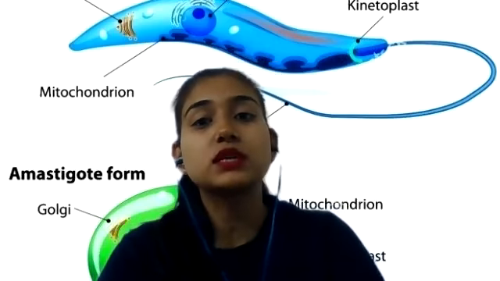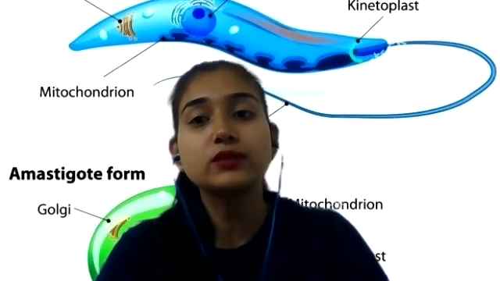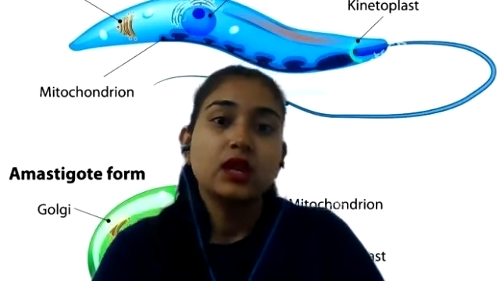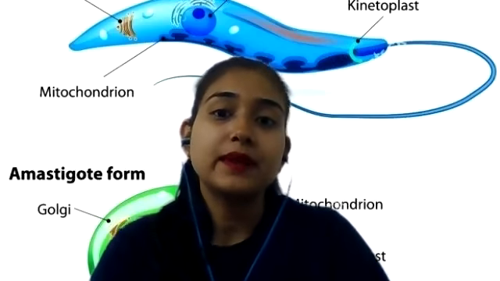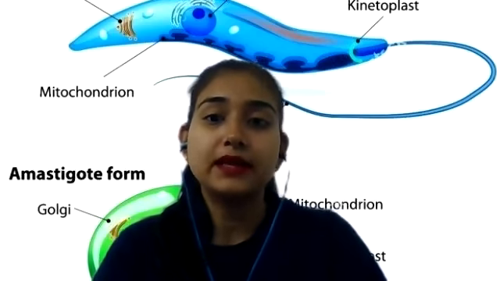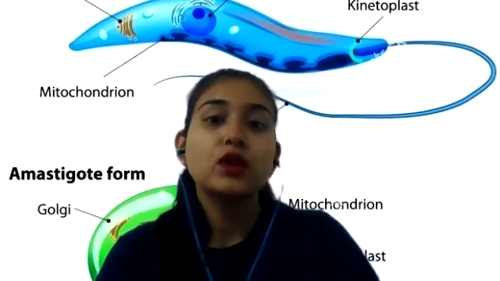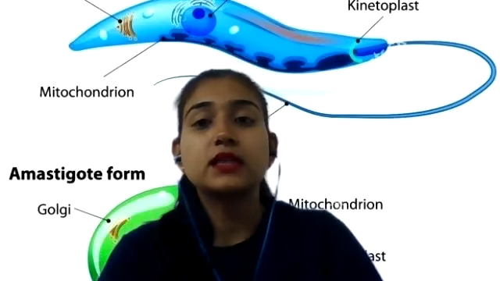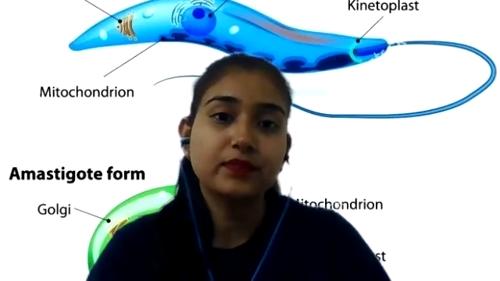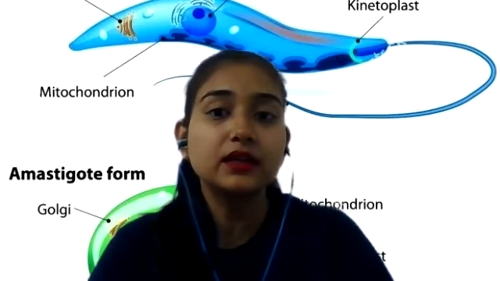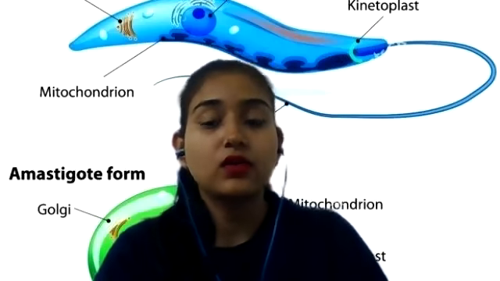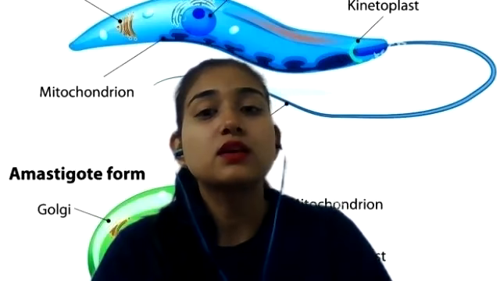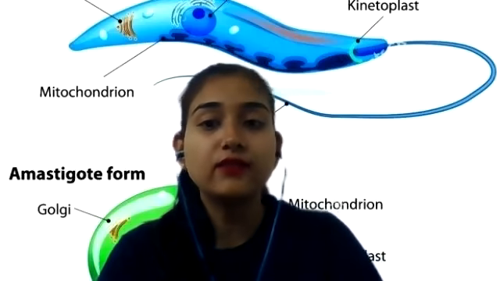The first host is the principal host, which is a vertebrate or man. Within the primary host, the parasite feeds and multiplies itself asexually. On the other hand, the secondary host is the host or vector, which is typically an invertebrate or a blood-sucking insect. In the case of Leishmania, it is the sandfly.